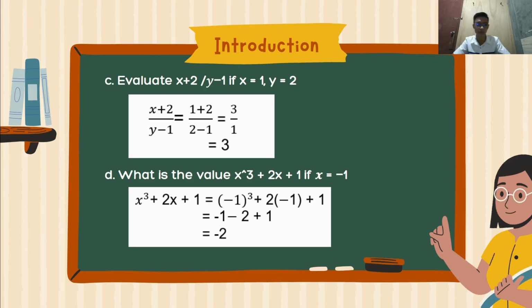When we say PEMDAS: parentheses, exponent, multiplication, division, addition, and subtraction. So we can use PEMDAS when we are solving an equation like this. So negative 1 minus 2 is equal to negative 3 plus 1 is negative 2. That's the correct one. Okay. All right.